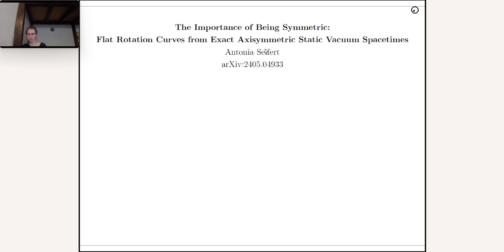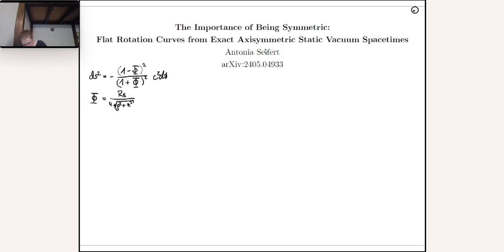That's the Schwarzschild solution. Let me write down the Schwarzschild solution in axisymmetric coordinates, which looks like this. So the line element is given as a function of this capital Phi, where this capital Phi is the Schwarzschild radius over 4 square root of rho squared plus z squared.